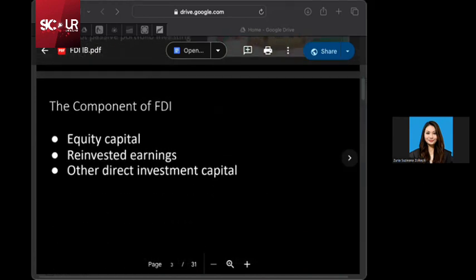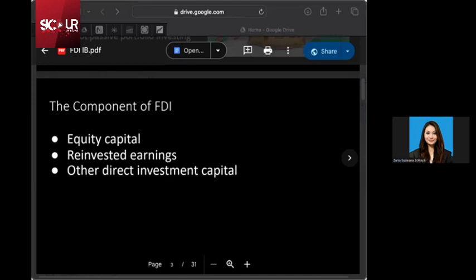Okay, so the components of FDI are equity capital, reinvested earnings, and other direct investment capital. Equity capital comprises equity in branches, shares in subsidiaries and associates.